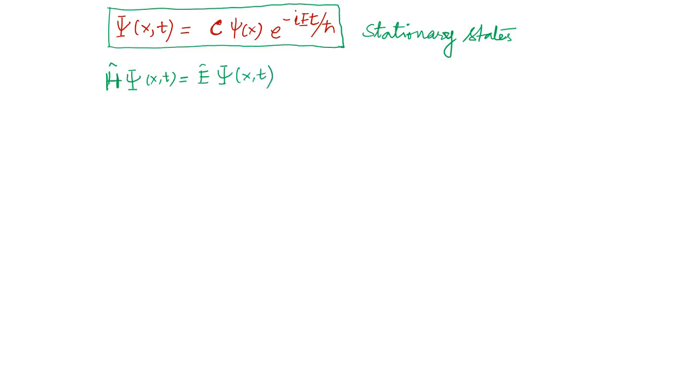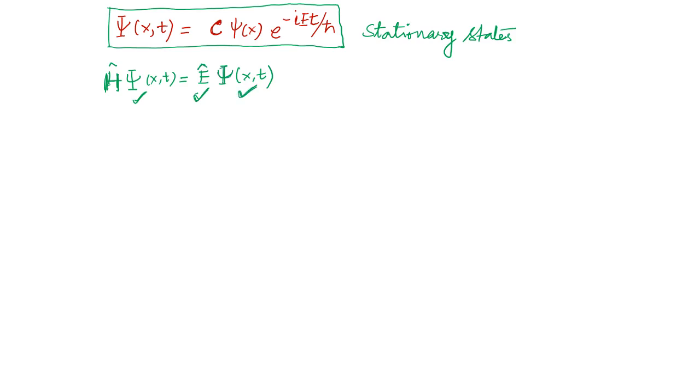So the stationary state is a state psi when the Hamiltonian acting on this state psi equals a constant, which is the energy, times the wave function.